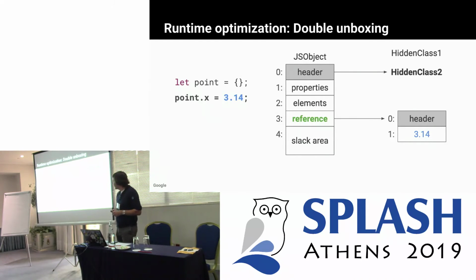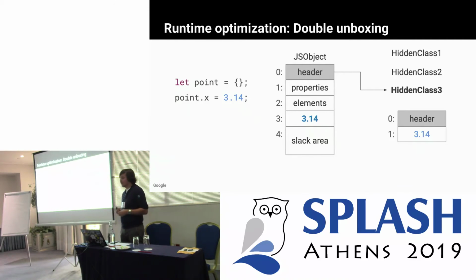At some point, you realize, though, that, well, actually, after many instantiations, the point always just has an X. And the X is just a double. It's never used like anything else. So yeah, you actually can transition to a different hidden class that inlines the double there.